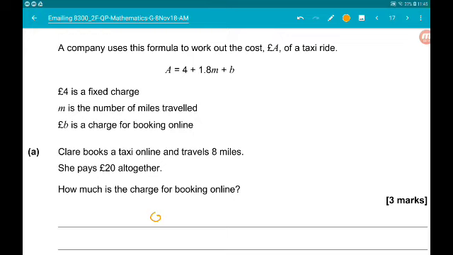So A is 4, add 1.8m plus b, where £4 is a fixed charge, so before you get in the taxi you already owe it £4. M is the number of miles travelled. B pounds is a charge for booking online.